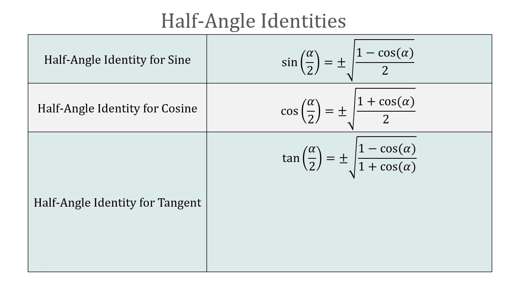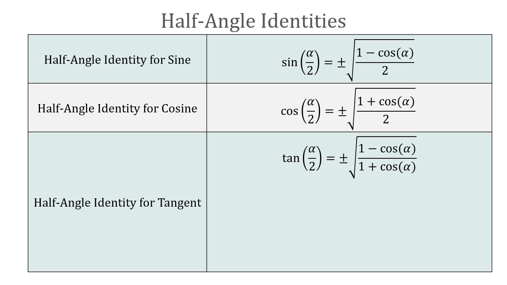For the cosine of alpha over 2, that's equal to plus or minus the square root of, in the numerator, 1 plus the cosine of alpha all over 2. The half-angle identity for tangent says that the tangent of some angle alpha over 2 is equal to plus or minus the square root of, in the numerator, 1 minus the cosine of alpha over, in the denominator, 1 plus the cosine of alpha.